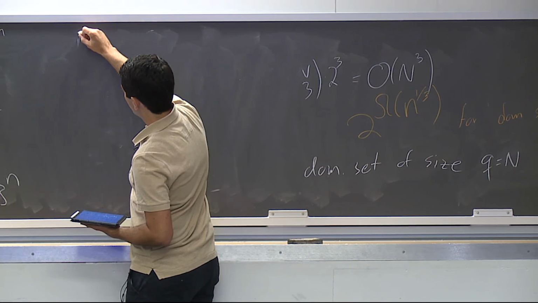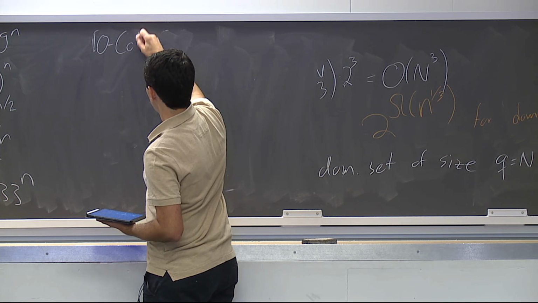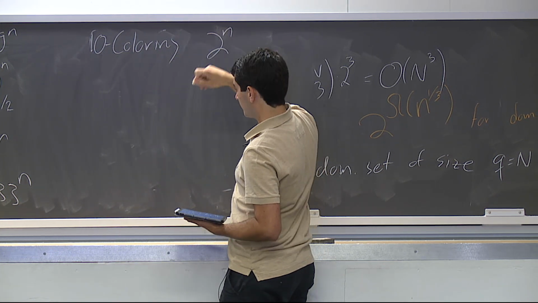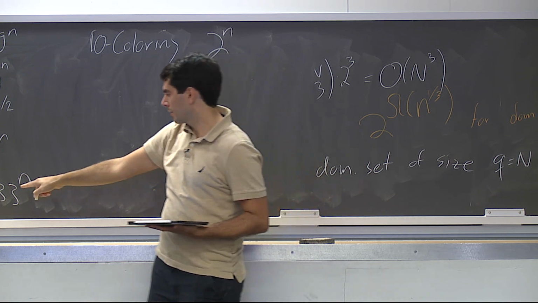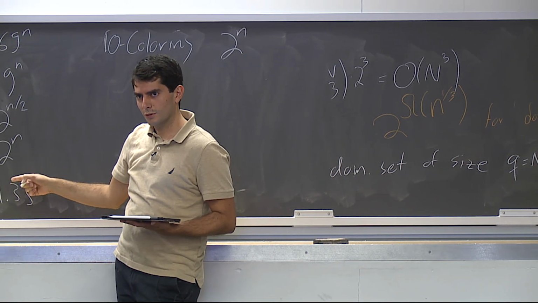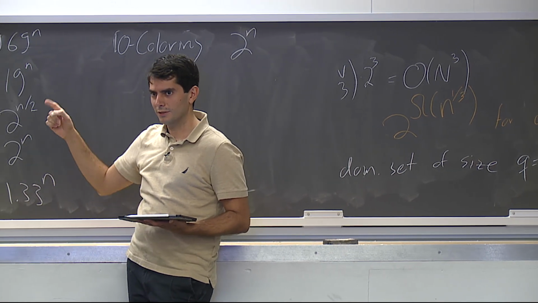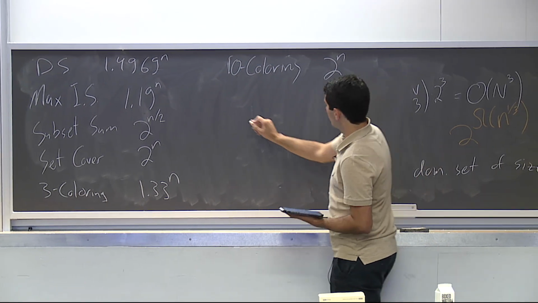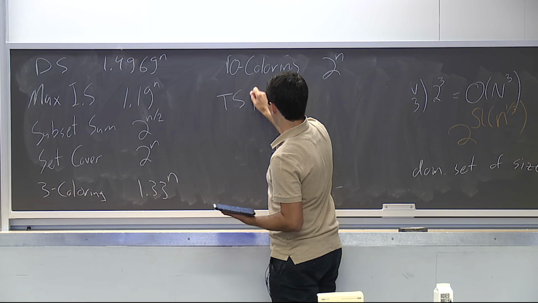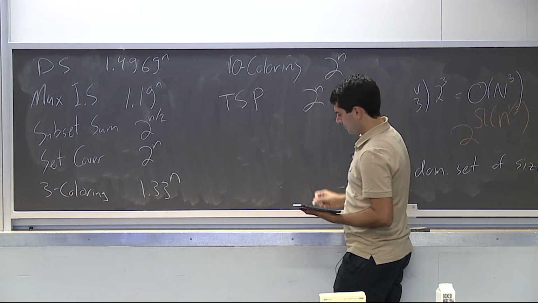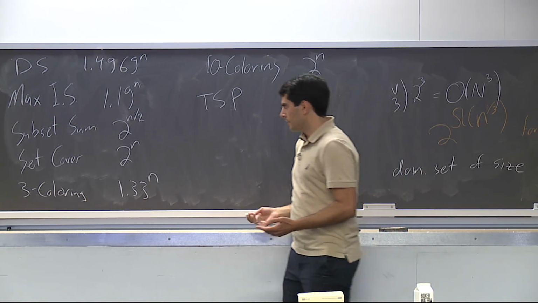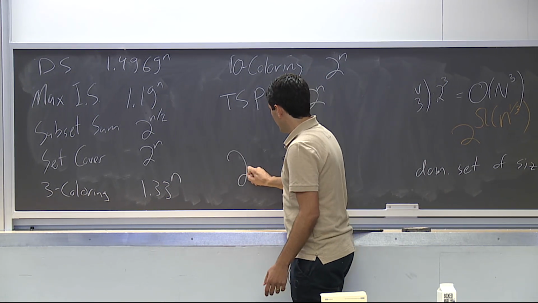If you talk about 10 coloring, it's 2 to the n. So 3 coloring is better than 2 to the n, 4 coloring also, 5 coloring also, but 6 no, and beyond it's not. Traveling salesman, 2 to the n. So it's nice at least that we have 2 to the omega n for everything.